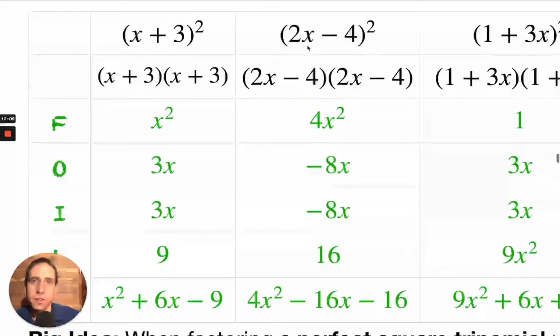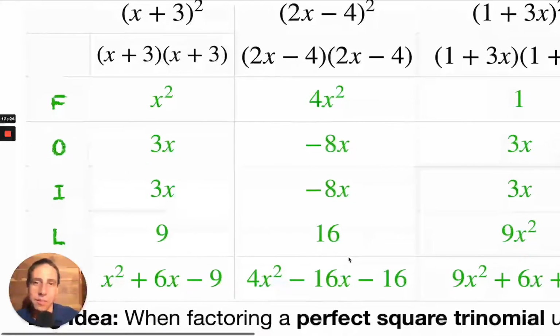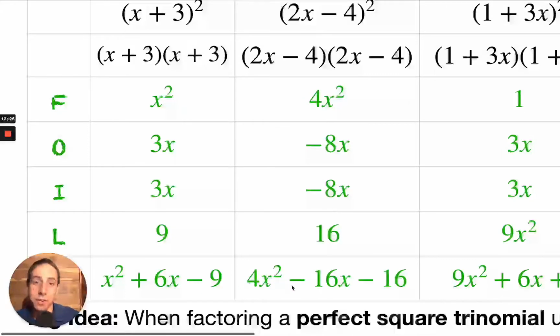Let's take a look. 2x minus 4 squared is going to be 2x minus 4 times itself. The first term is 4x squared. Inside and outside terms are both going to be negative 8x. Copies of each other. That's interesting. The last term is 16. So when you add them all up, you get 4x squared minus not 8x, but 16x. You have to multiply negative 8x times 2.